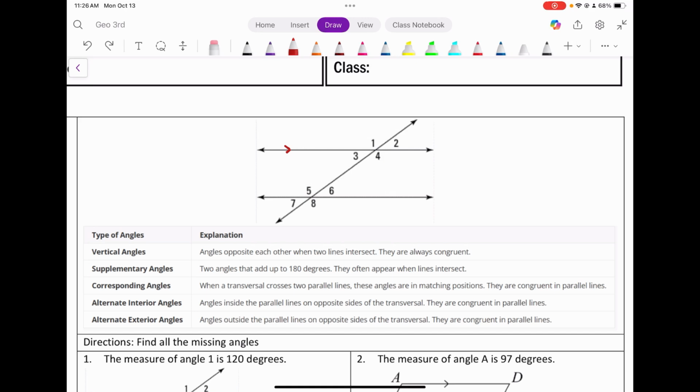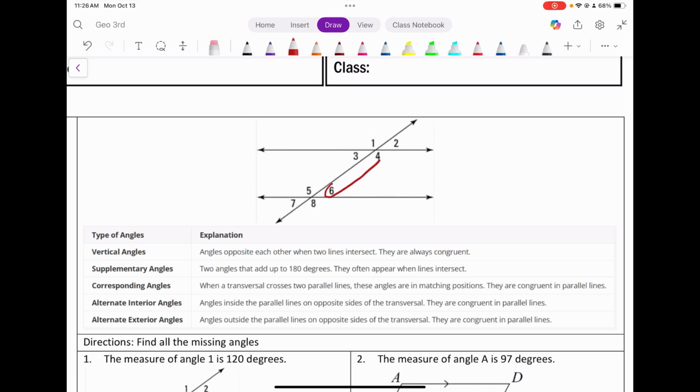Then we have alternate interior angles. First off, what we need to know is what interior versus exterior is. When you're talking about the parallel lines, the angles that are between the parallel lines are known as interior angles. The ones on the outside of the parallel lines are known as exterior angles. And then we have alternate versus same side.